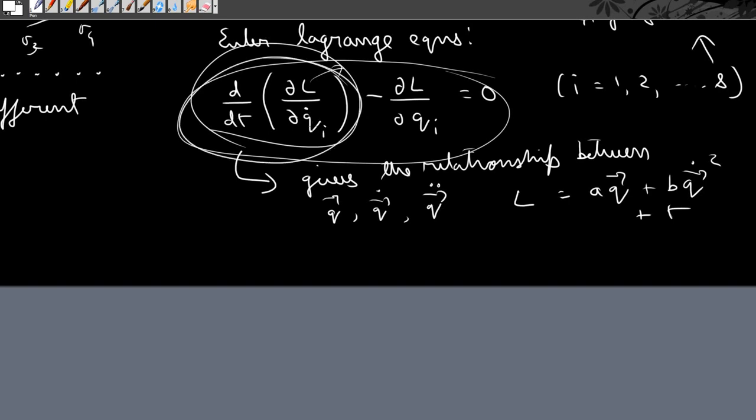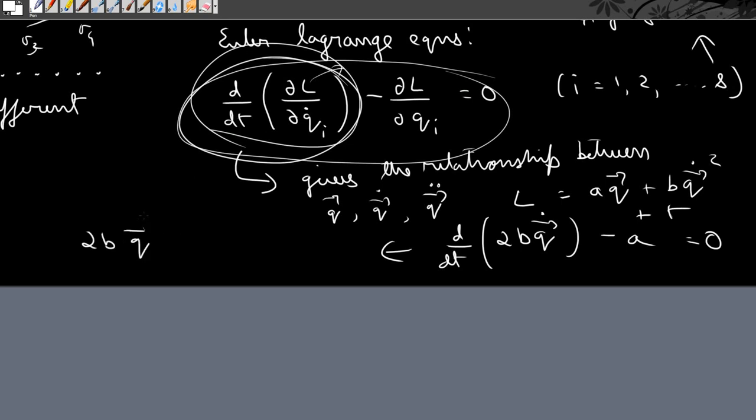Then let's see how this equation turns out. So that will become d by dt of dou L by dou qi dot, which will be 2bq dot, minus dou L by dou qi, so dou L by dou q, which will be a. This is equal to 0. This implies 2b d by dt of q dot, which is nothing but q double dot, minus a equal to 0, or q double dot is equal to a by 2b.